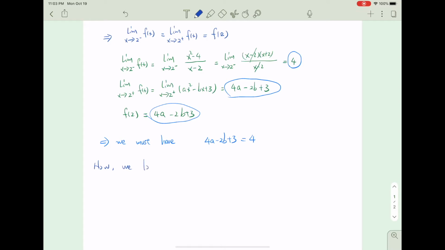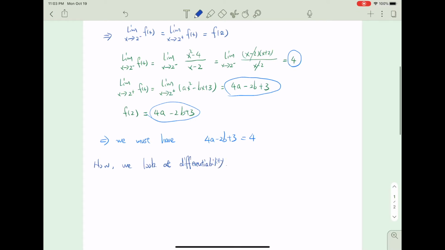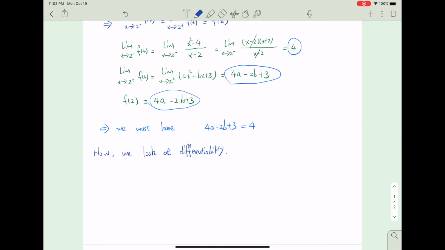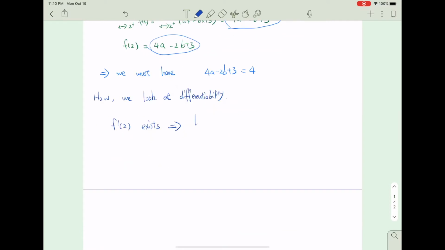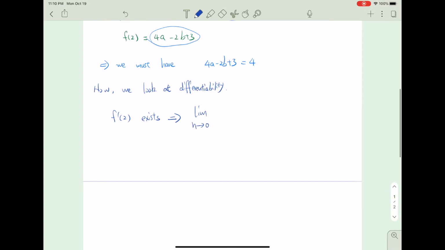We look at differentiability. The derivative of this exists means the limit as h approaches 0 of f(2 plus h) minus f(2) over h exists.